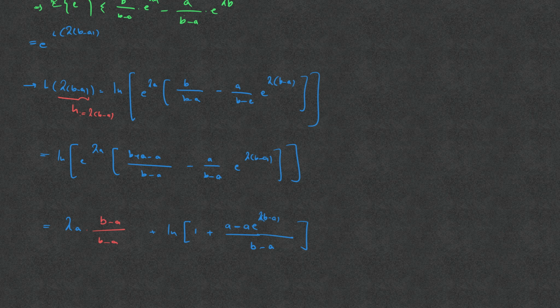Multiply and divide by b minus a over here. So this term here becomes h times a divided by (b minus a). Note that the definition of h was lambda times (b minus a). So this becomes here. And then looking at this component over here, you could just substitute this part with h.